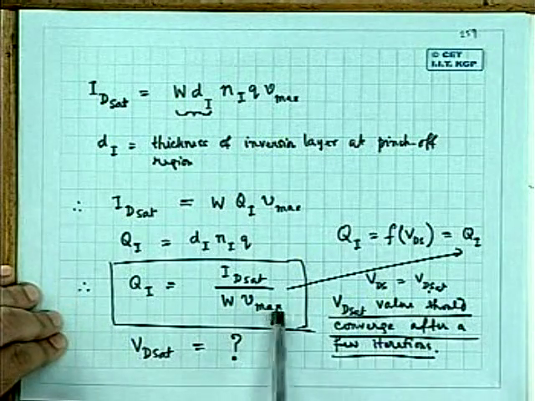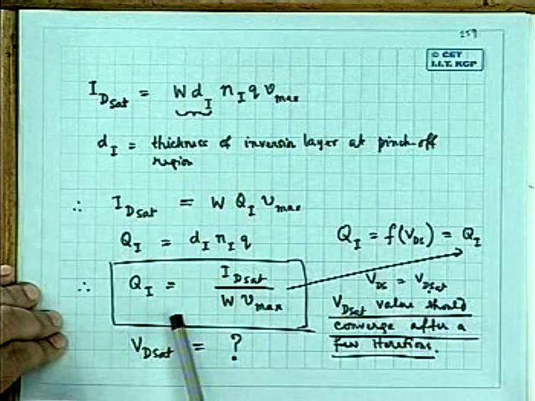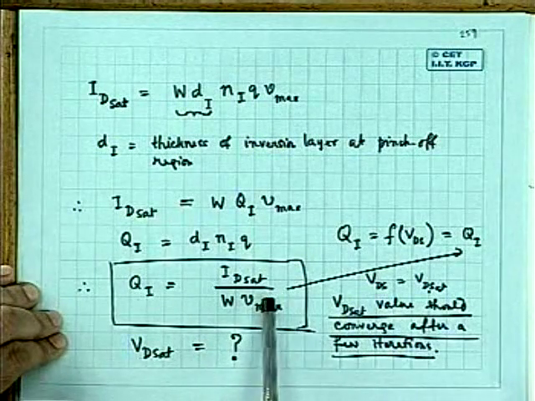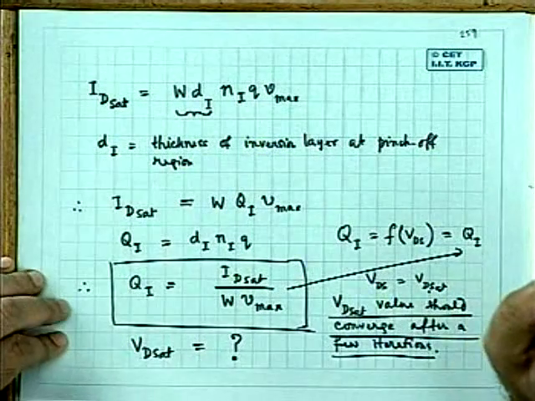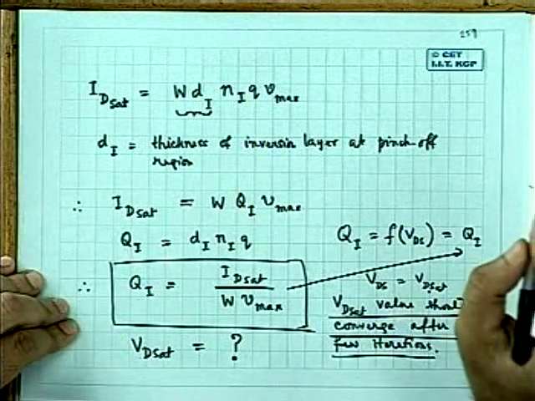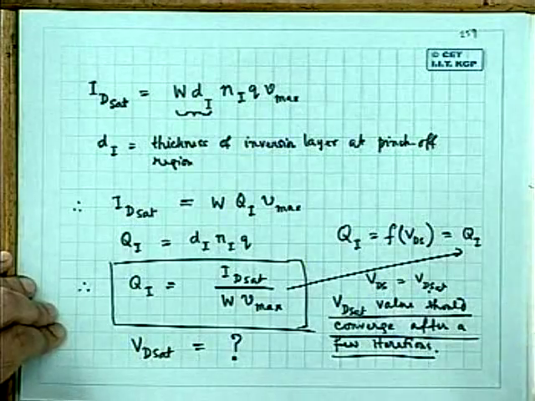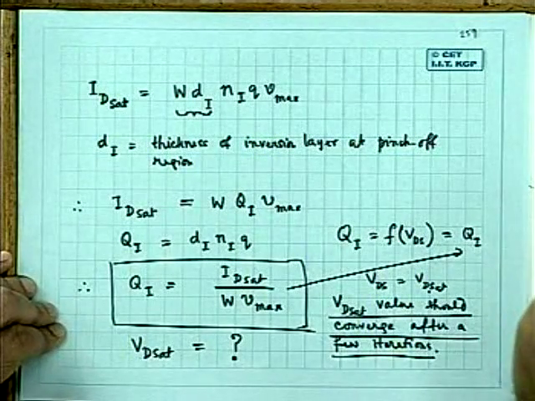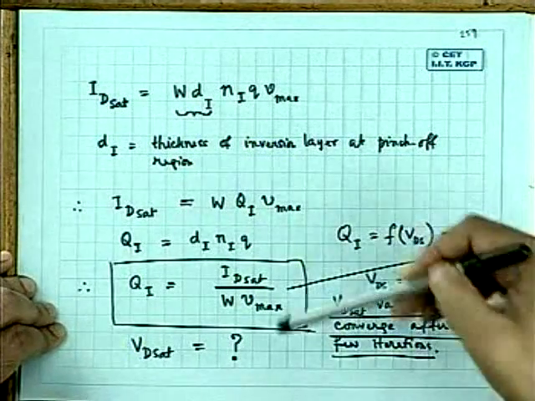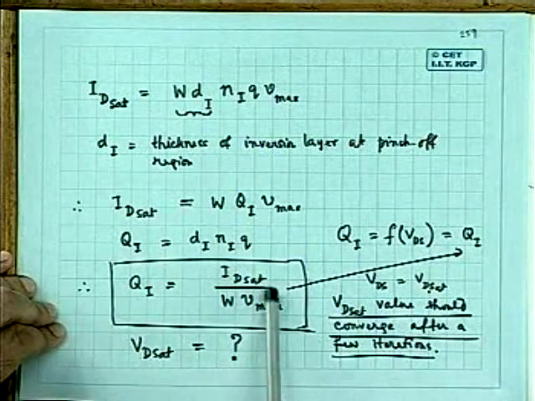And I said, what is the procedure of calculating that? The expression for Qi in terms of VDS and VGS was equated to 0 earlier to get the value of VD sat. Now instead of writing it as 0, I write this value.